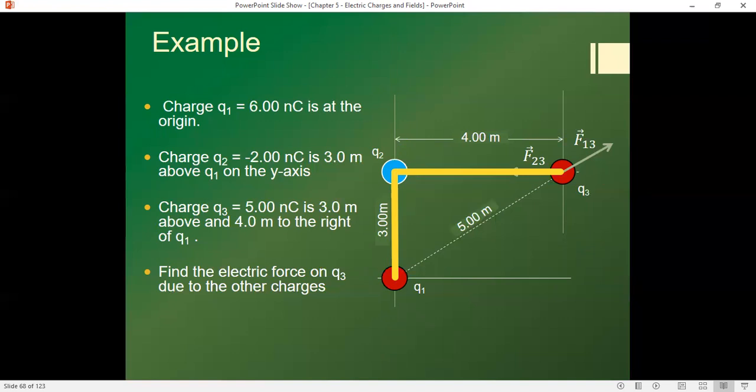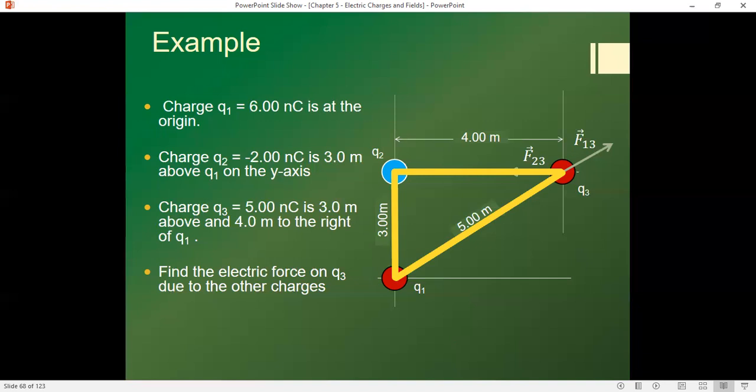So from Q1 to Q3, it is the hypotenuse of this 3, 4, 5 triangle. Two of the sides are 3 and 4 respectively. So the hypotenuse, as I said, is 5 meters. Why is that important? Because we need to know the distances between the charges in order to find out the magnitude of the force, okay?